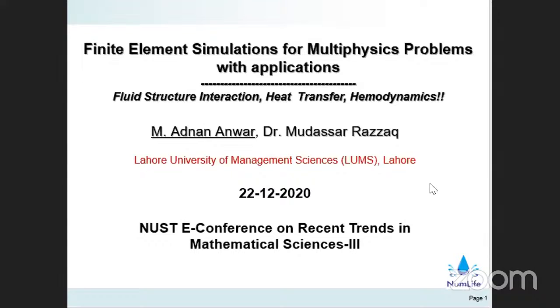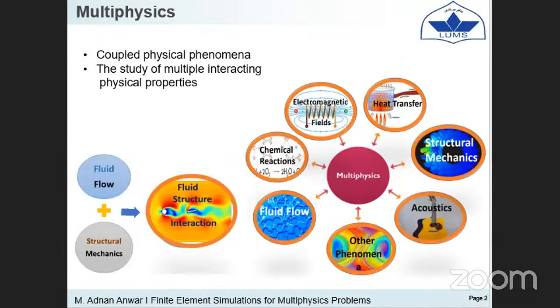Let's start our talk by defining the term multiphysics. The real world is multiphysics in nature. Multiphysics is a phenomenon that involves multiple physics. The world is multi in nature. The human body is multi in nature.